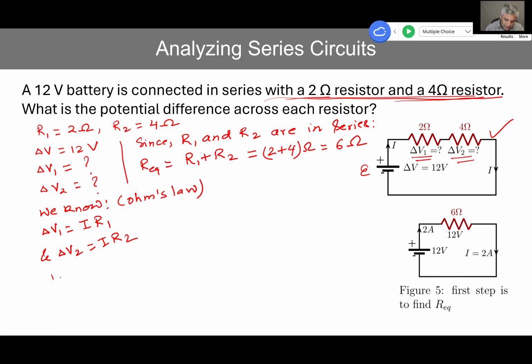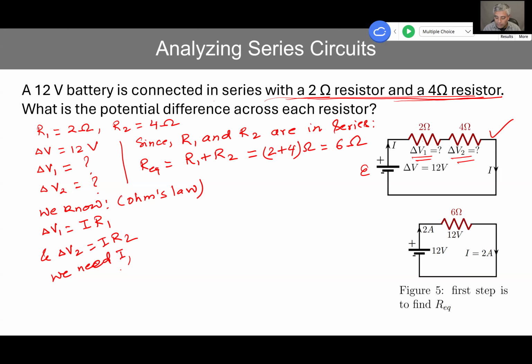So we know R1 and R2, so we need I, okay, to find delta V1 and delta V2, okay? So that's why we want to find current in the circuit.